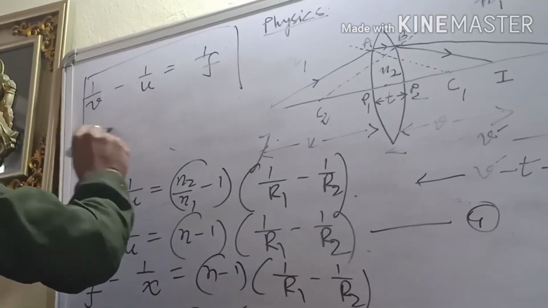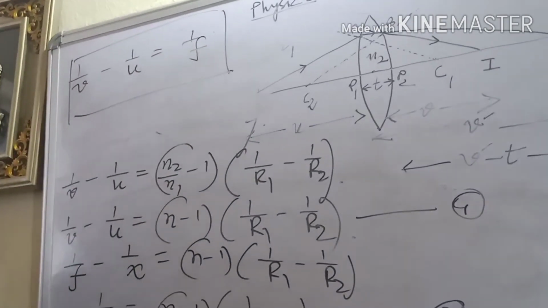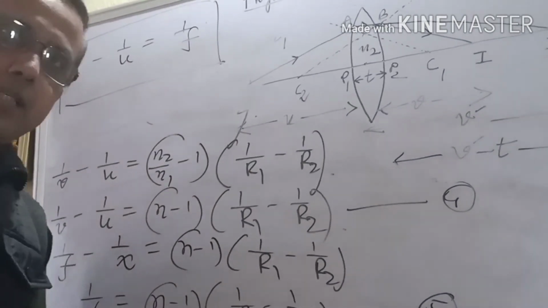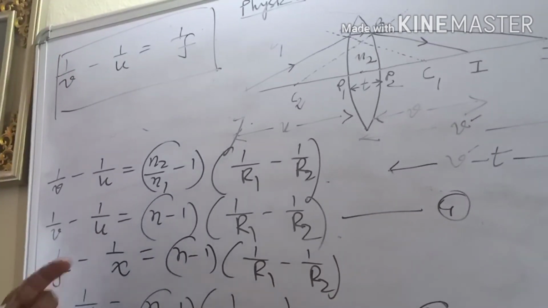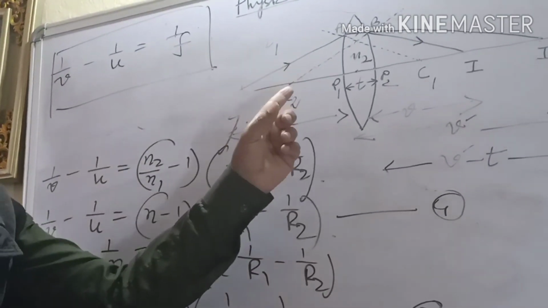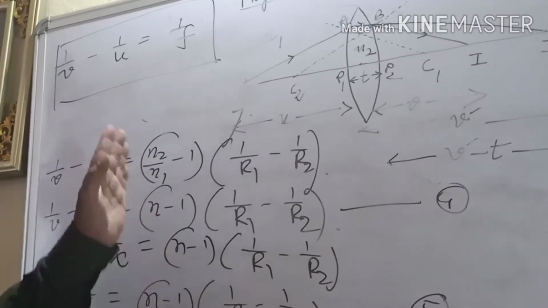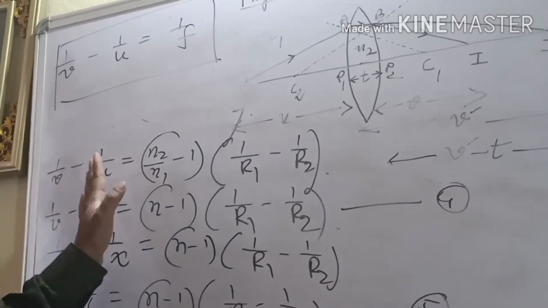This is the most familiar equation for lenses, and this is true not only for convex lens, this is also true for the concave lens as well, and this is also the final form of the lens maker's formula.